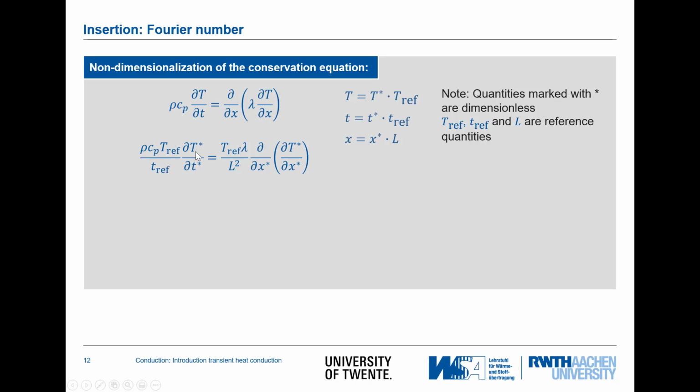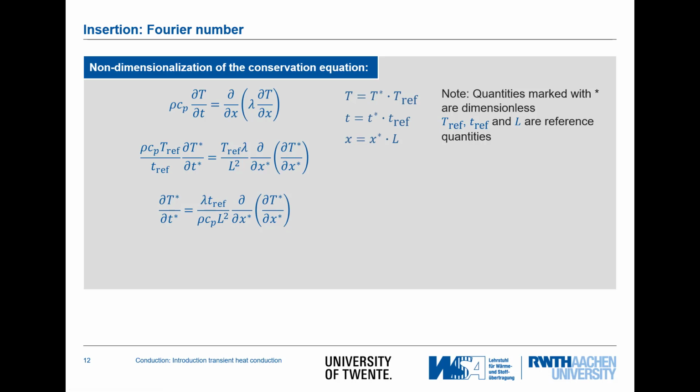Because we have these two prefactors, we can combine them into one prefactor, removing all the prefactors in front of the first derivative, and we end up with a single number.